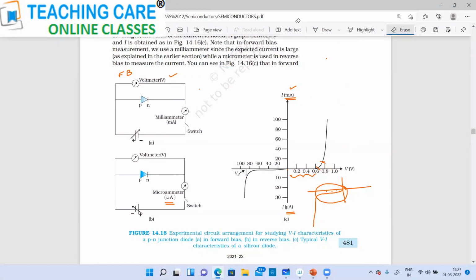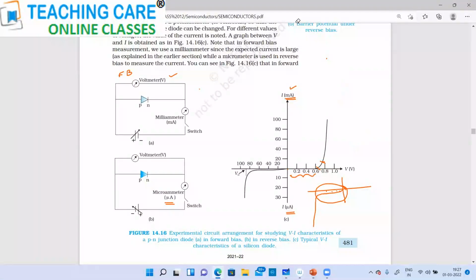So what is happening here? In the case of the minority carriers, we keep increasing the reverse bias voltage, and the current increases rapidly at a particular voltage. That is called the breakdown voltage.